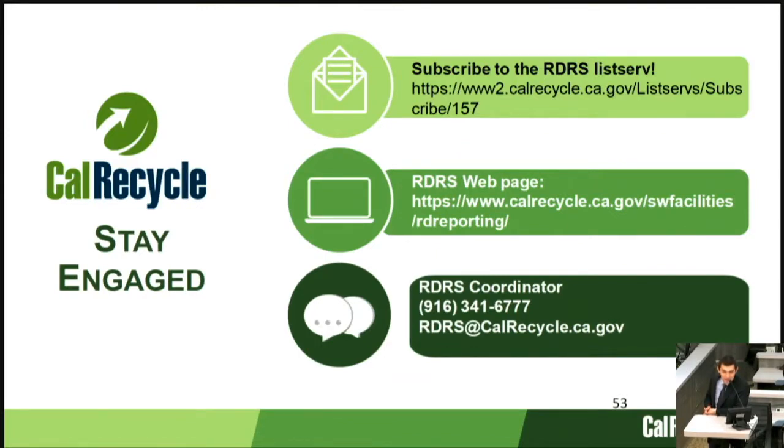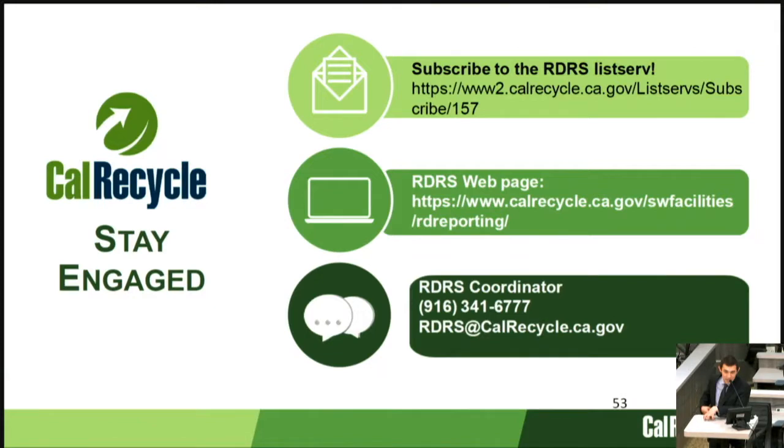This is getting into the reporting system, but you'll start typing the name of the facility that you're sending it to, and it should autofill once you reach a certain point. It'll tell you what the RDRS number is if it's already been registered, and then it'll automatically enter all the contact information because it's already in the system.